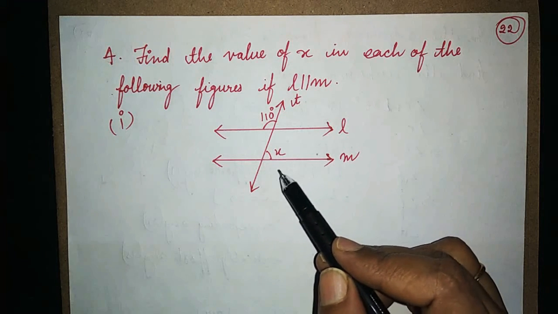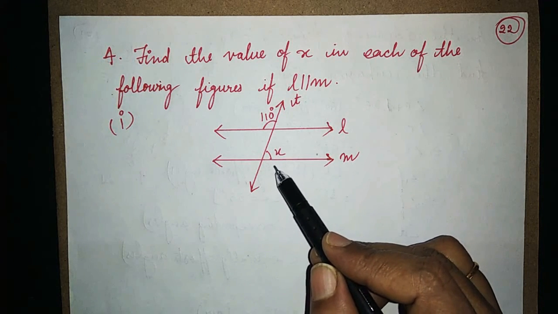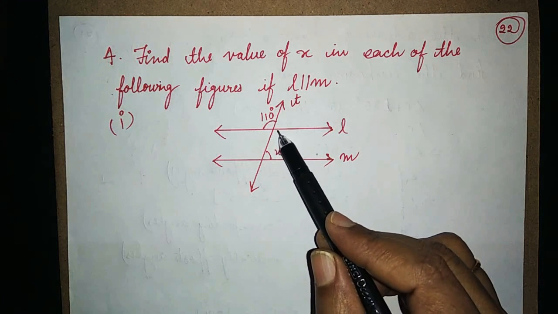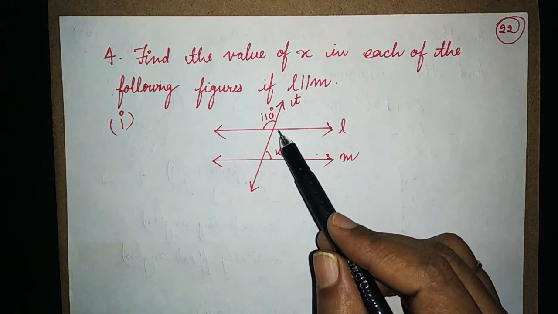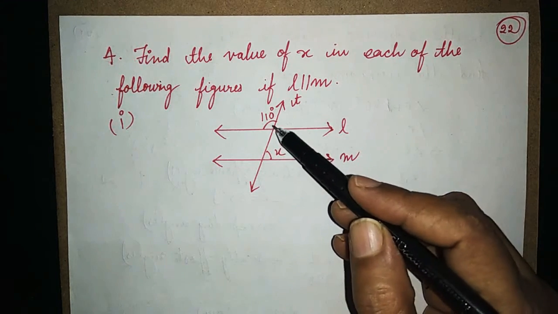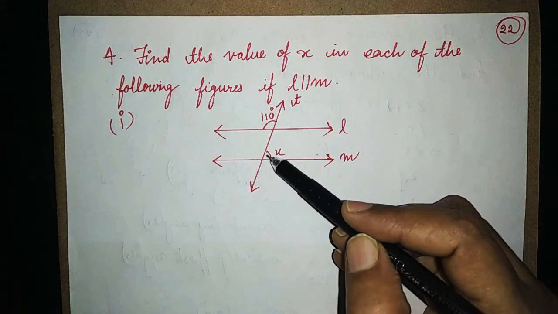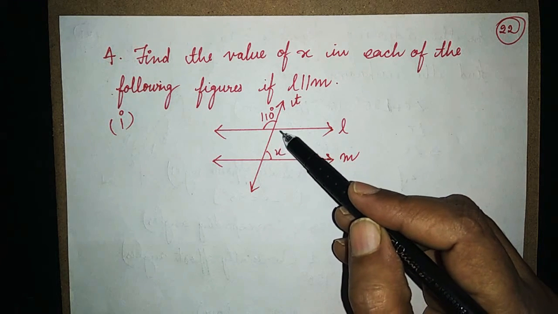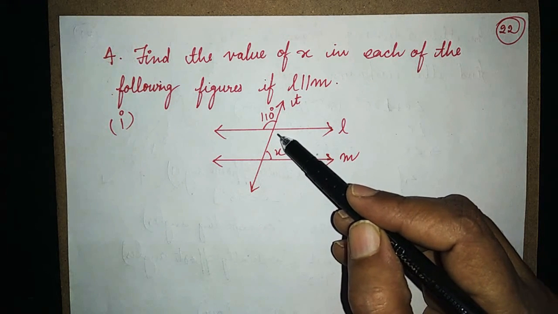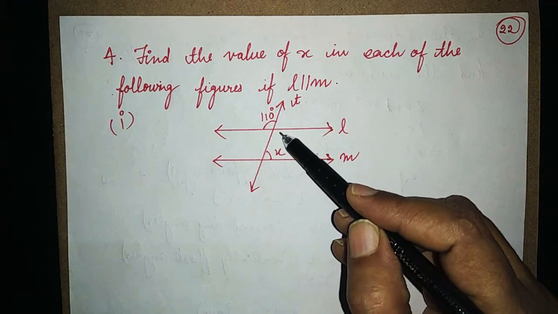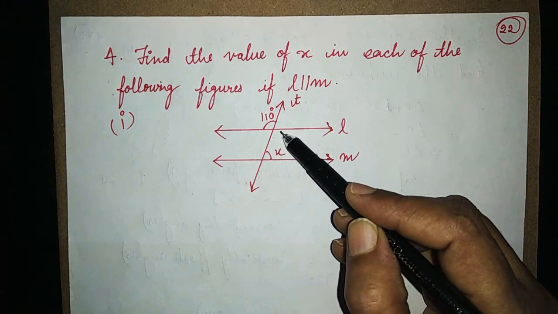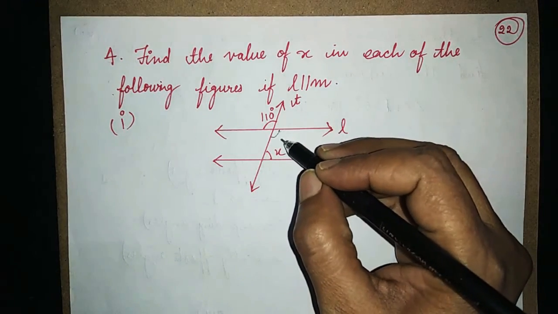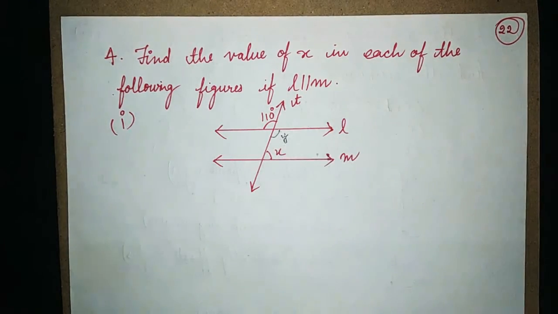Students, to find this value of this angle X, first we will find the value of this angle. Because there is no relation between this angle and this angle. So first we will find out this angle. So we will assume the measure of this angle. So here we will assume it angle Y. Okay.